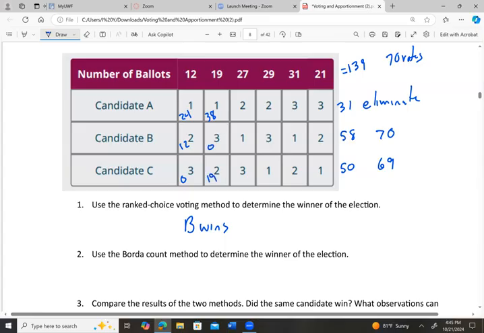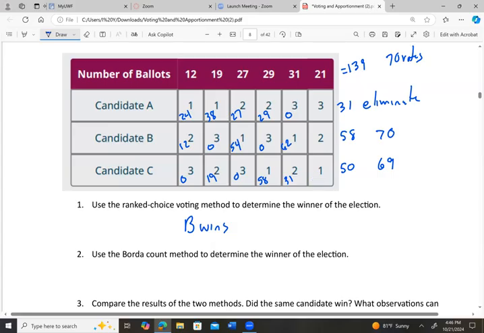That's 19. That's 54. That's 27. That's 0. This is 58. That's 0. And this is 29. This is 62. 31 and 0. And this is 21.